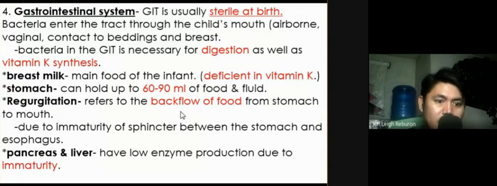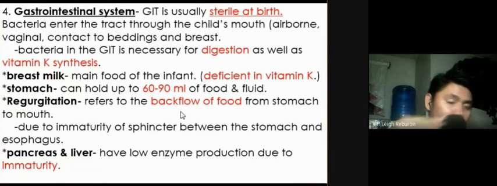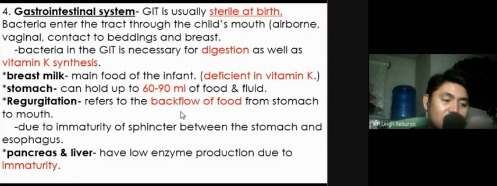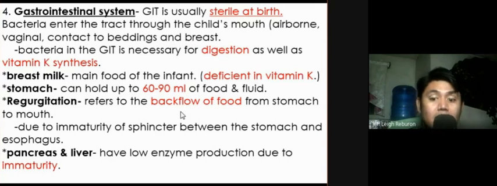Kasi hindi pa naman kumakain po yung bata ng matatamis na pagkain. Hindi naman po siya kumakain ng matatabang pagkain para kailanganin niya ng insulin at bile. Okay? Because the breast milk is both very low in fats and very low in sugars. So the pancreas and liver are still both inactive after delivery kasi immature pa lamang po sila.